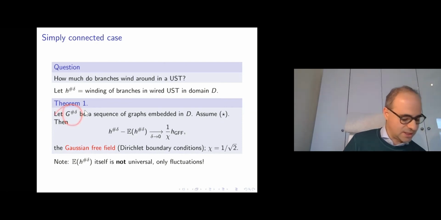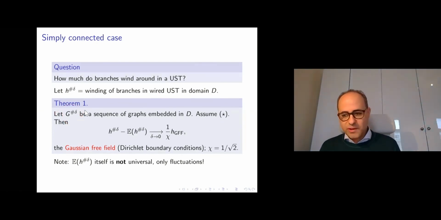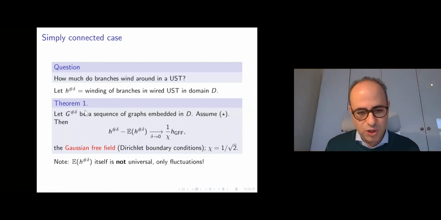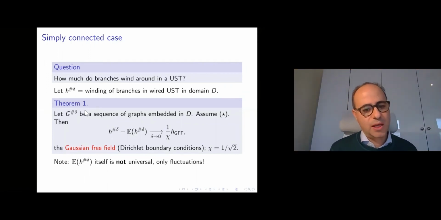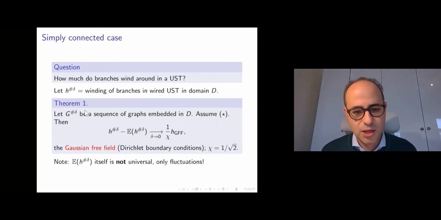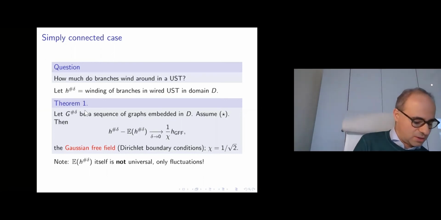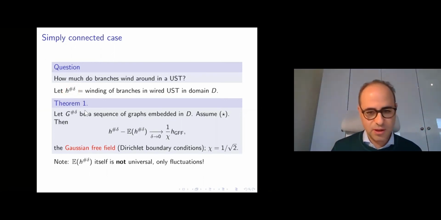And so that's G delta, the sequence of graphs. You can think of delta as being something like a mesh size, but it's just some number. And associated to this sequence of graphs G delta, we can consider a uniform spanning tree and take H delta, the associated winding of branch.